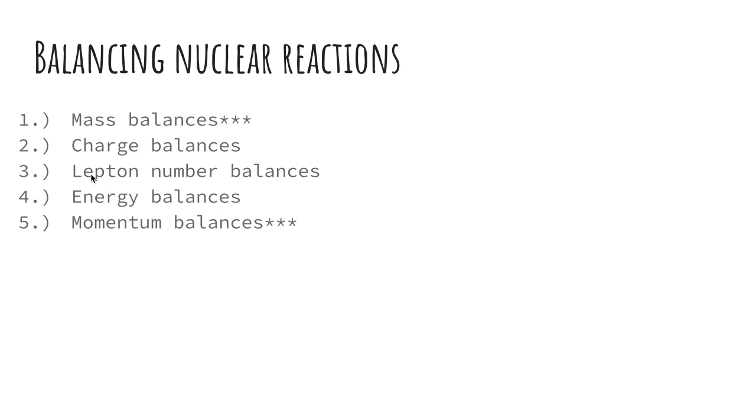The lepton number has to balance, meaning the number of antiparticles and particles have to balance out. Energy, of course, has to balance because of conservation of energy, and momentum also balances. Now, the reason mass is starred is because technically there's going to be a little bit of mass lost in the reaction, because that mass is converted into energy. But not much.